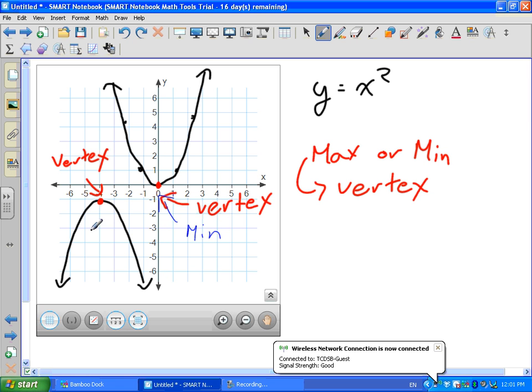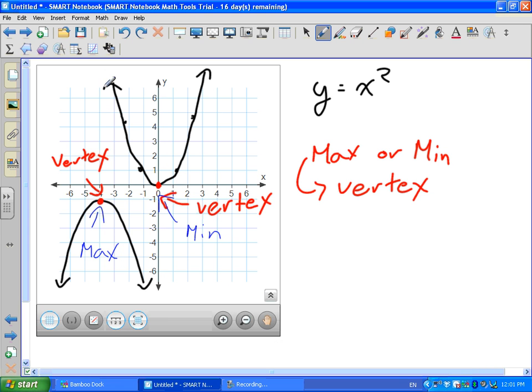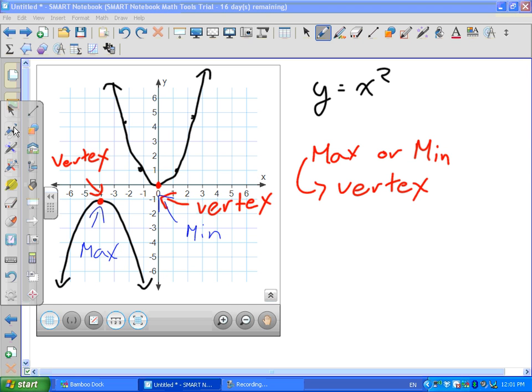And on this one, because it's the highest point, this parabola has a maximum. You can only either have a minimum or a maximum. You cannot have both on these parabolas that we're drawing. So in this one, it's facing upwards. Anytime a parabola opens upwards, it's going to have a minimum, and that minimum is where the vertex is going to be.